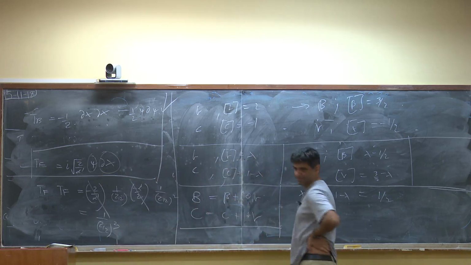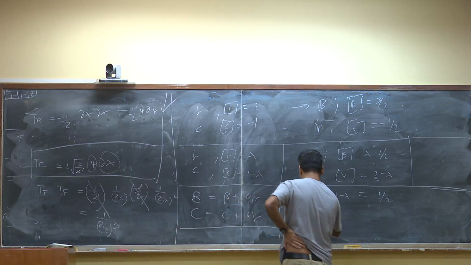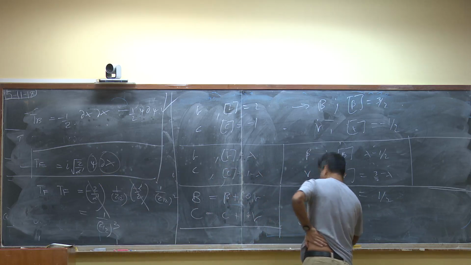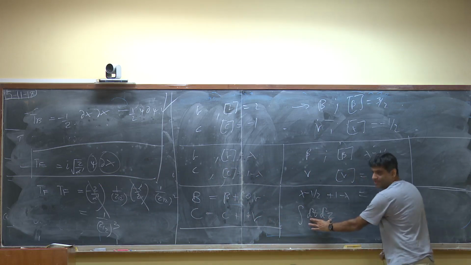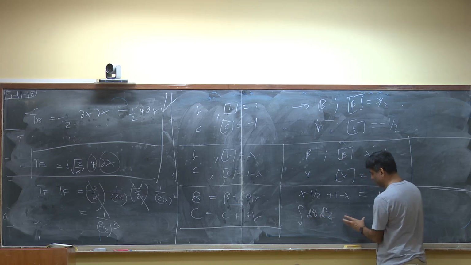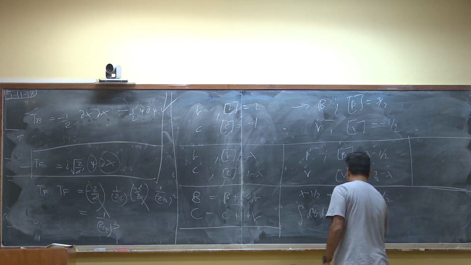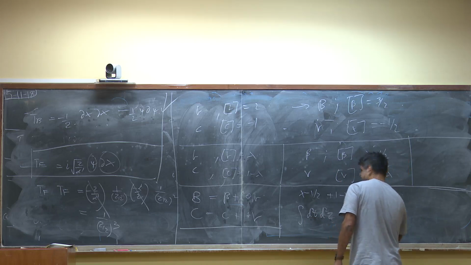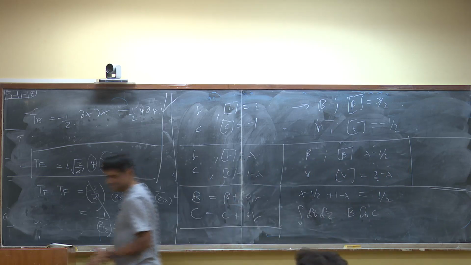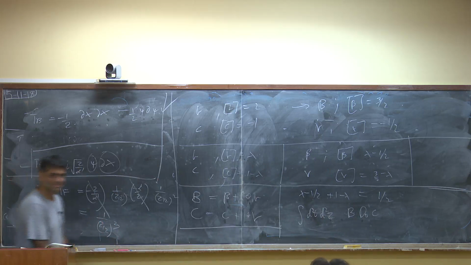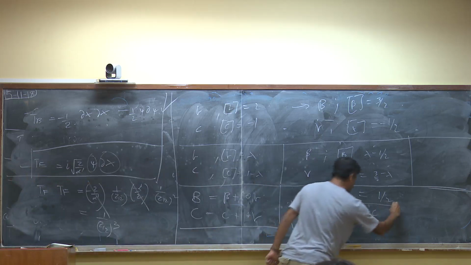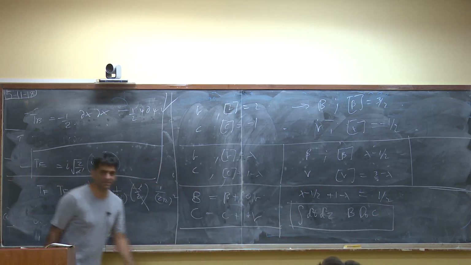So we want something like d2 theta, d2z. This whole thing has dimension length 1, so the whole thing has to have mass dimension 1. So clearly what we want is B del theta C.